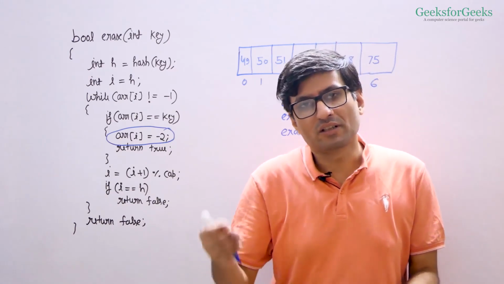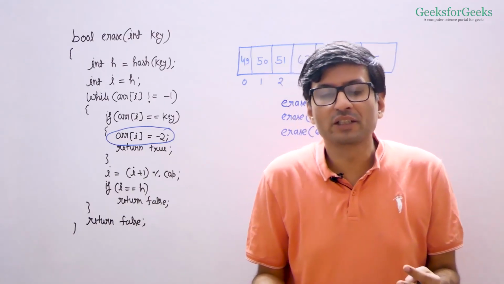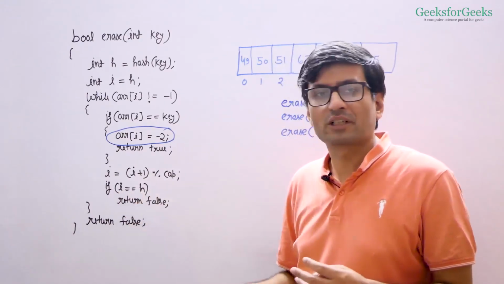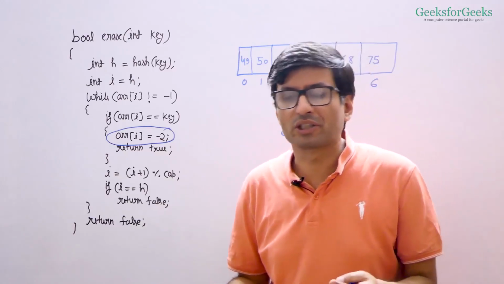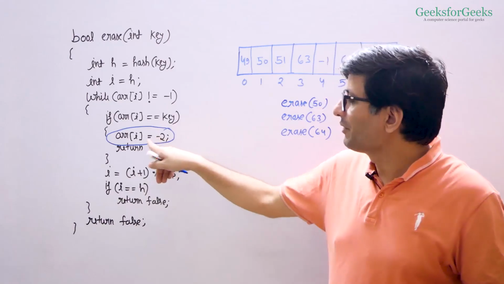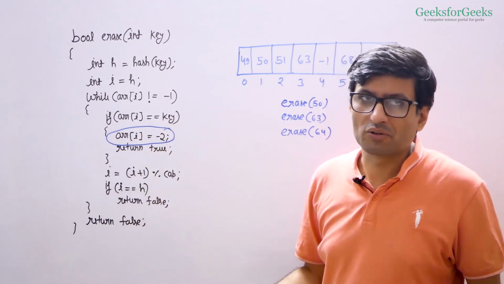Then we do linear probing one by one and try to find the key. If we do not find the key, if we come back to the original slot from where we started, we return false, that key was not deleted. And while doing the linear probing, if we find the key, then we mark the slot as -2 and we return true. Right? That's the simple logic.